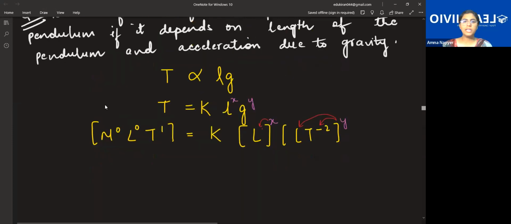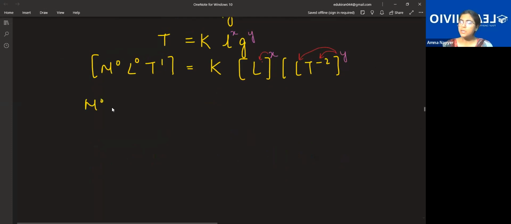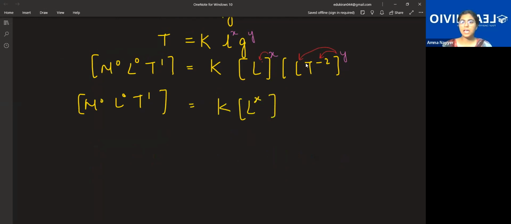So here we'll have M to the power 0 is present, L to the power 0 is present, T to the power 1 is present, equal to k, L to the power x, L to the power y, T to the power minus 2 into y becomes minus 2y.